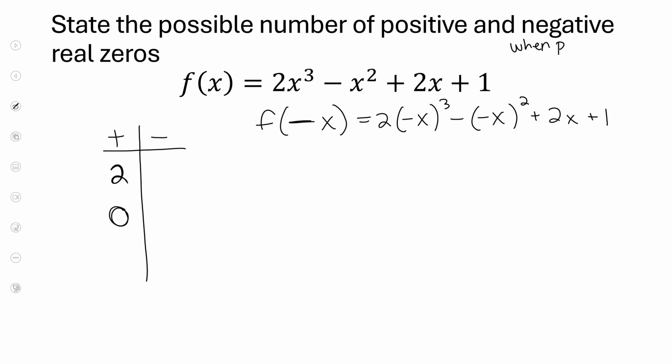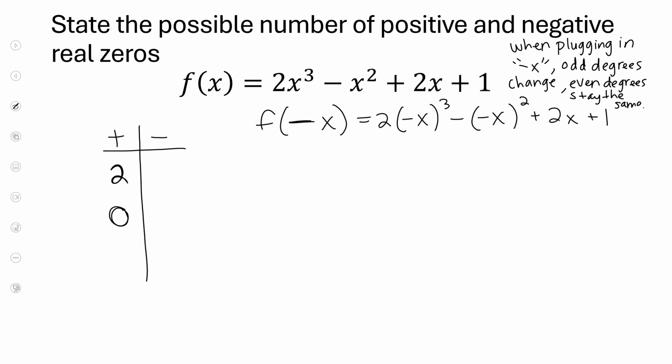When plugging in a negative x, odd degrees change. Even degrees don't. They stay the same.